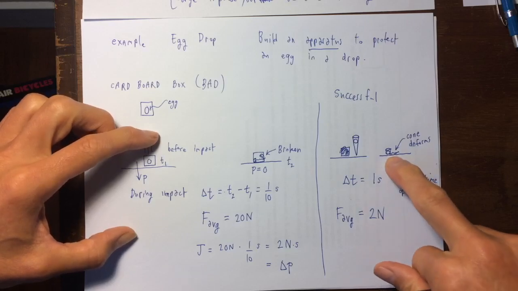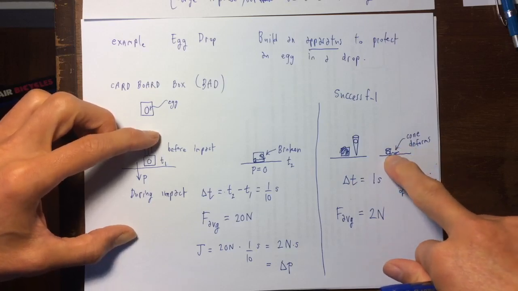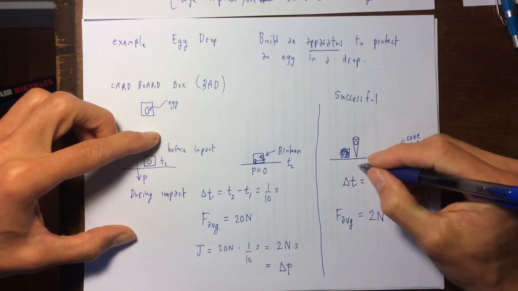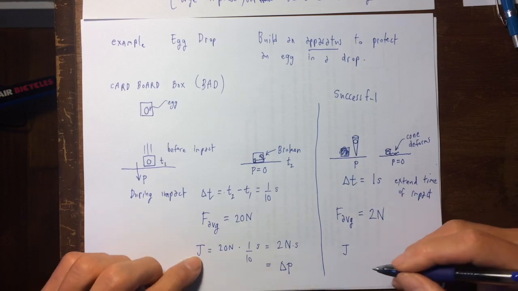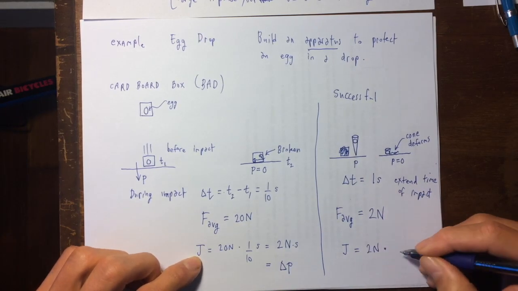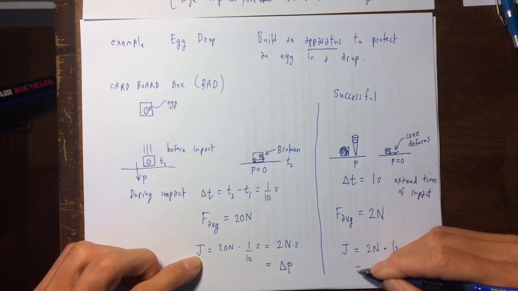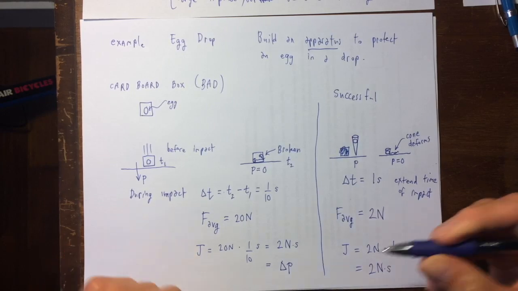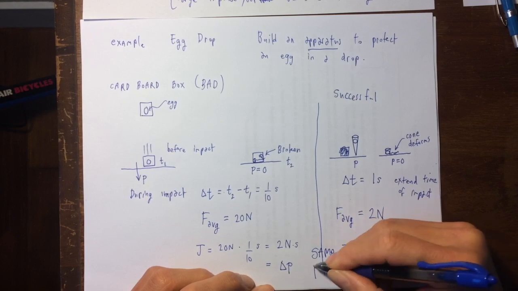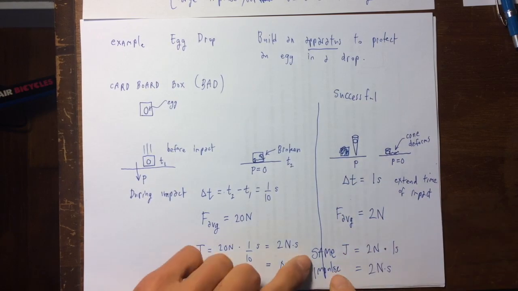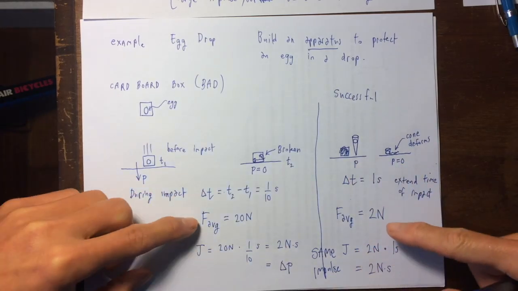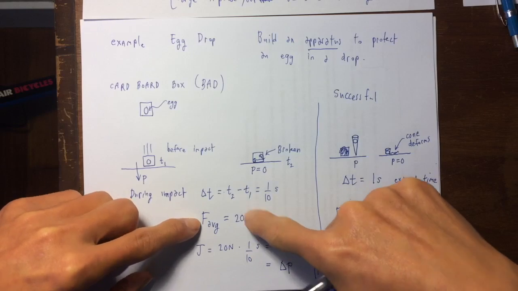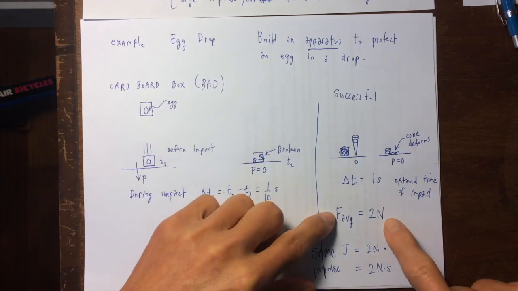Here's the small force that did not break the egg, but was able to cause the egg to slow down enough and lose all of its momentum. But nonetheless, J is 2 newtons times 1 second. It's the same value. Same impulse, same change in momentum, but in one case the impulse involved a strong force that broke the egg. In the other case, the impulse involved a small force that did not break the egg.